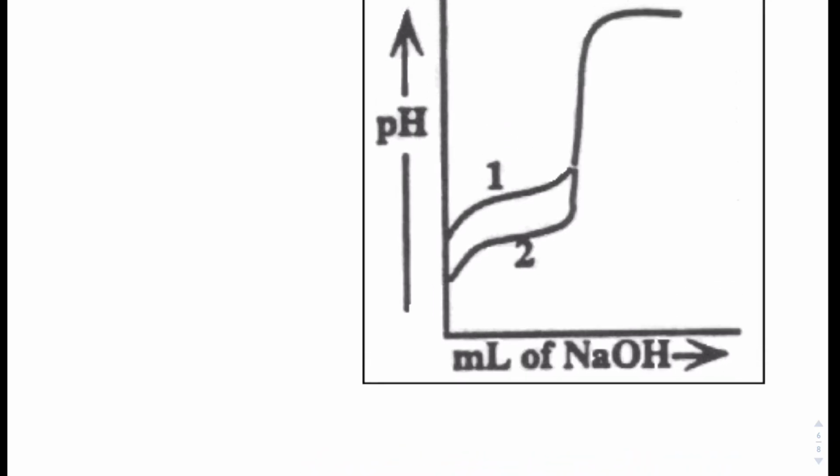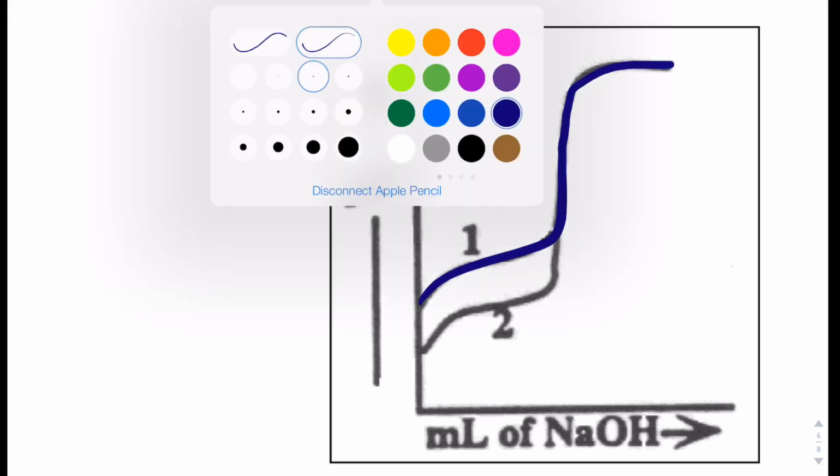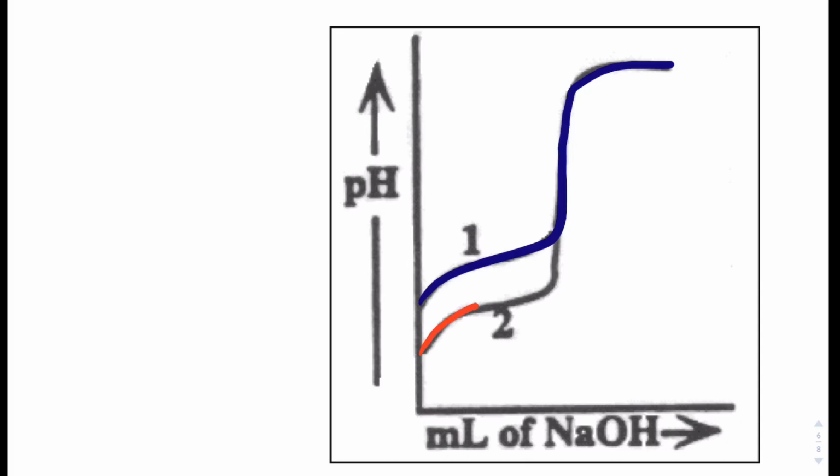What would a titration curve like this look like? Oftentimes, AP will put two titration curves on the same graph, and I'm going to draw them in color. Let's say titration curve number 1 is blue, and titration curve number 2 is red.